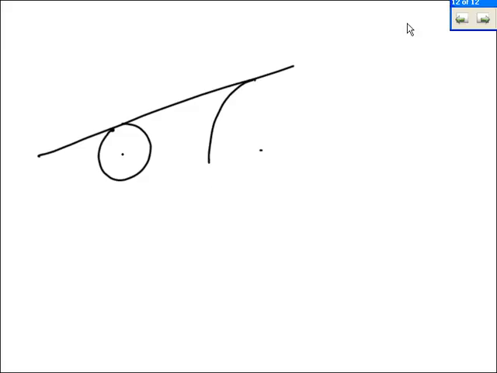Suppose you have one line that's tangent to 2 circles. Amazing, huh? You have one line that's tangent to 2 circles. This one line is tangent to this little circle, and it is also tangent to that bigger circle.